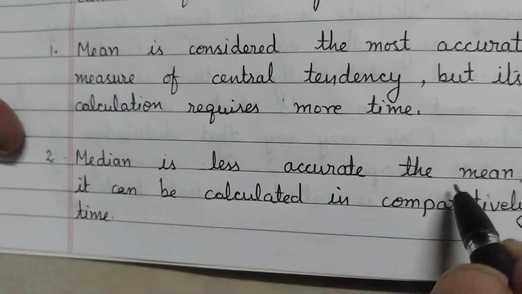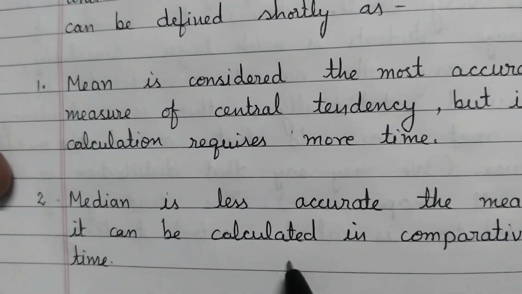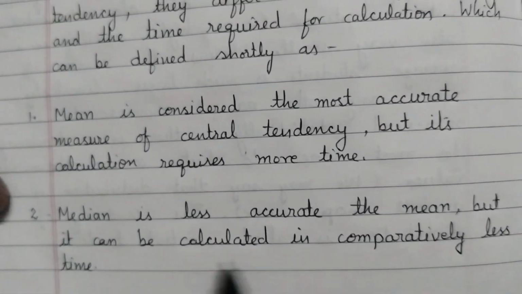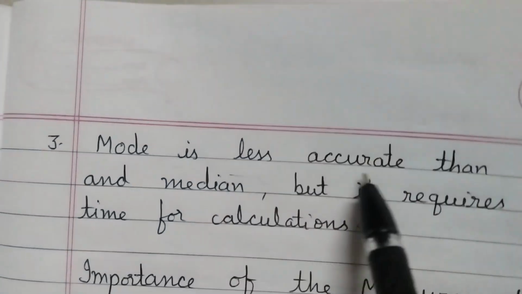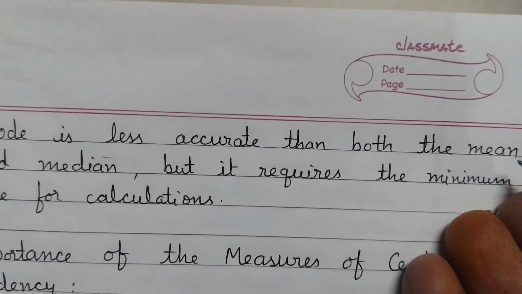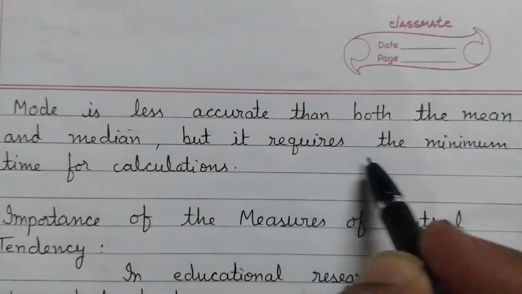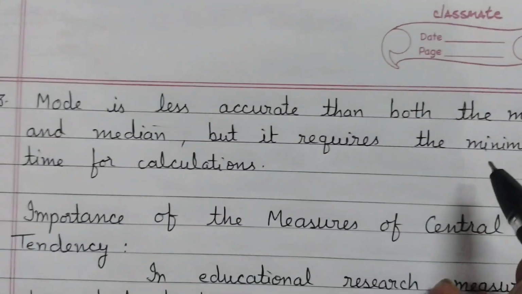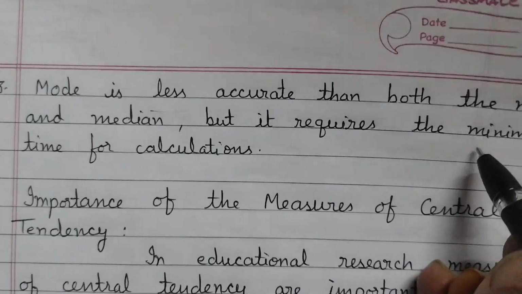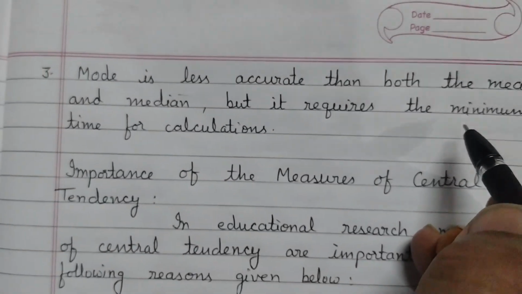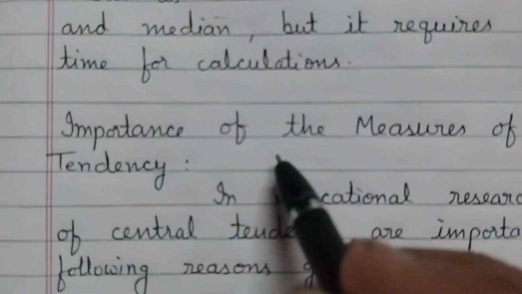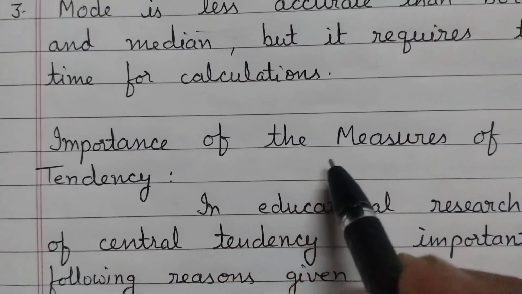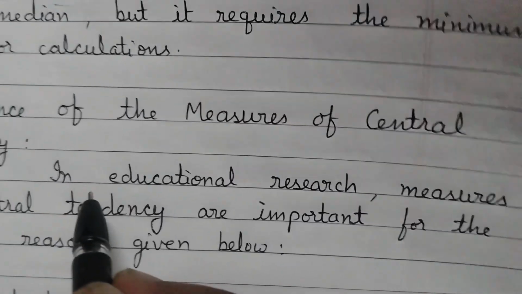Median is less accurate than mean, but it can be calculated in comparatively less time. Third one is mode. Mode is less accurate than both the mean and the median, but it requires the minimum or least time for calculation.